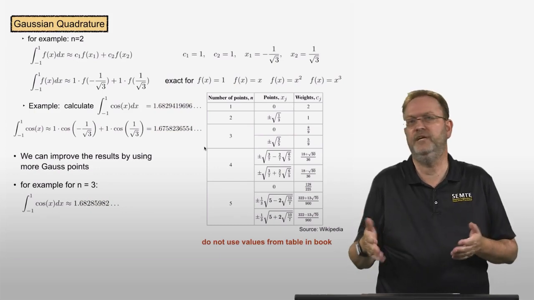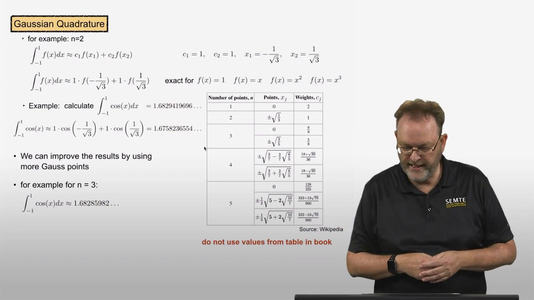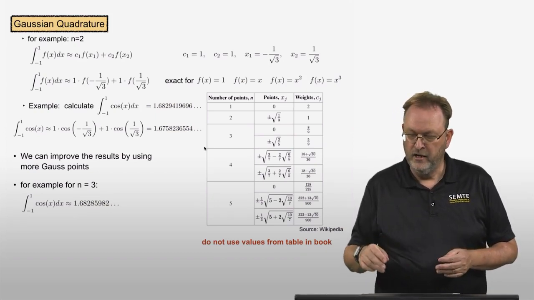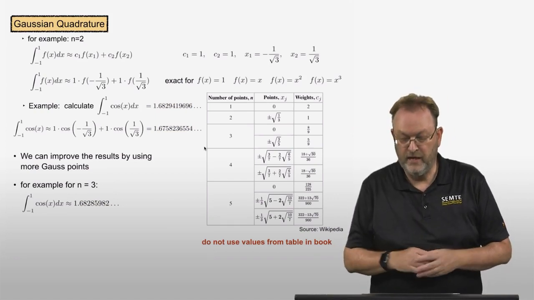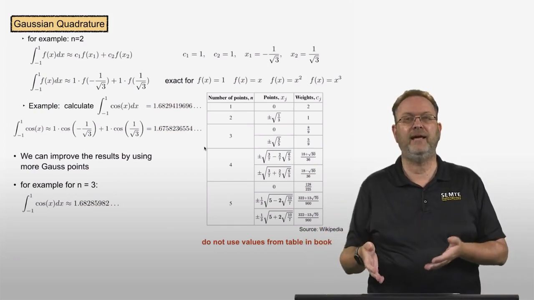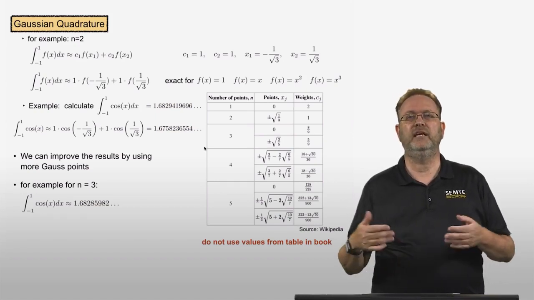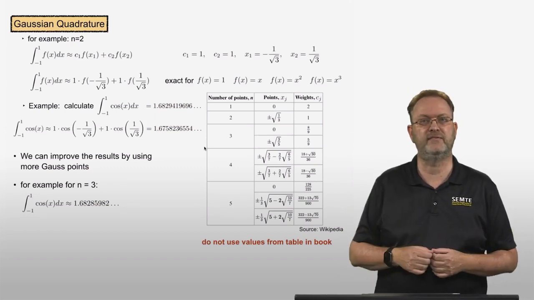In order to do this, we need to know where the points are located and what the corresponding weights are. They are shown here from the source from Wikipedia, with the analytical formulas for the points and the weights. Now, the textbook has a table like this as well, but unfortunately, it does not give you the analytically exact formula for the points or the weights.